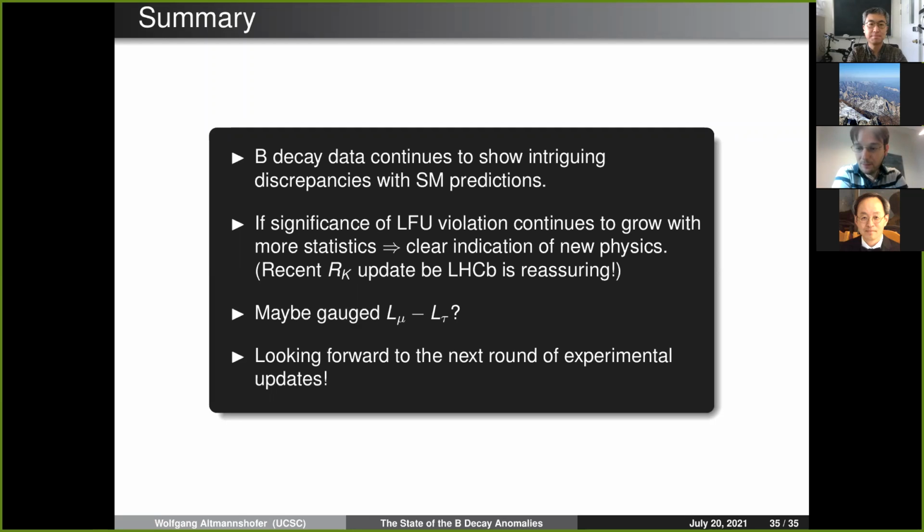Do you have any comments on the RD star under the L-mu-tau gauge hypothesis? Very good. Yes. So for RD and RD star, the minimal L-mu-tau model doesn't have any implications for RD and RD star.